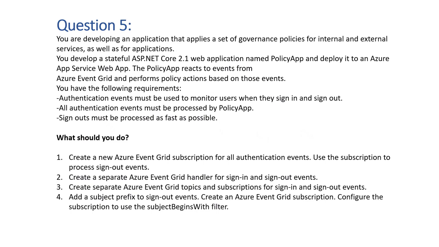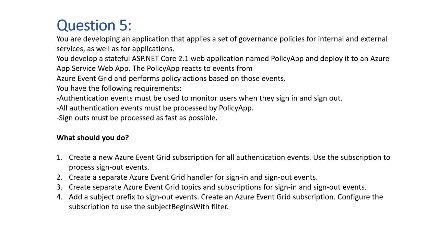So the question says, you are developing an application that applies a set of governance policies for internal and external services, as well as for applications. You develop a stateful ASP.NET Core 2.1 web application named Policy App and deploy it to an Azure App Service web app.